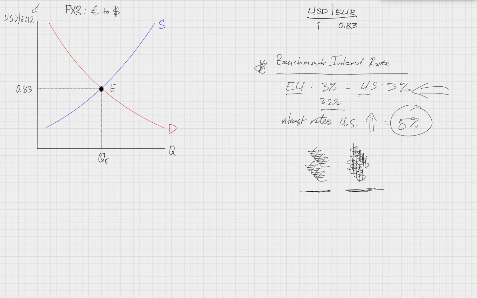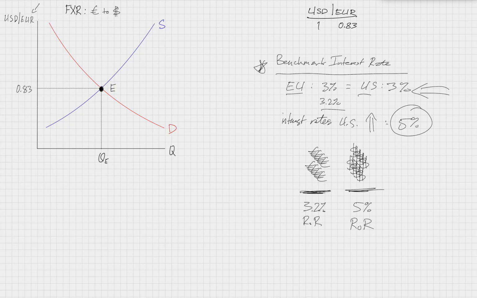So if I'm sitting on euros in the European Union and I invest those euros into, say, a treasury bill or a bond, I'm going to get some type of 3.2% rate of return. In the US, you're getting a 5% rate of return.